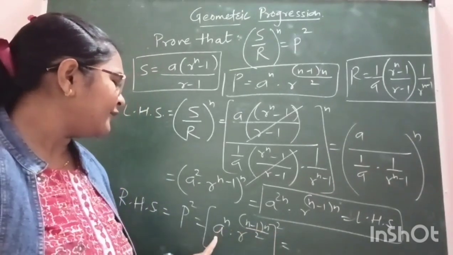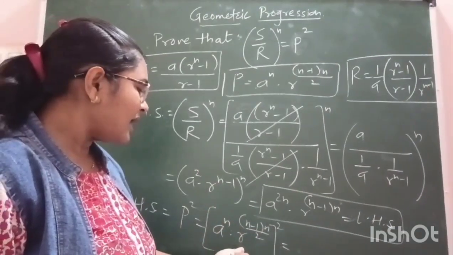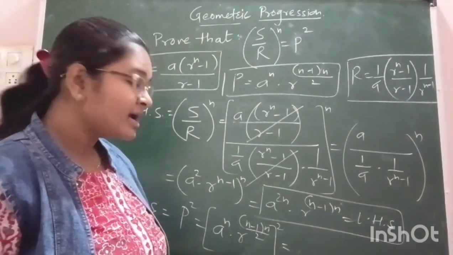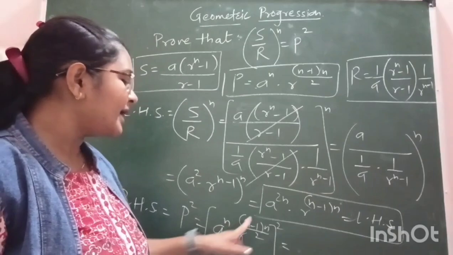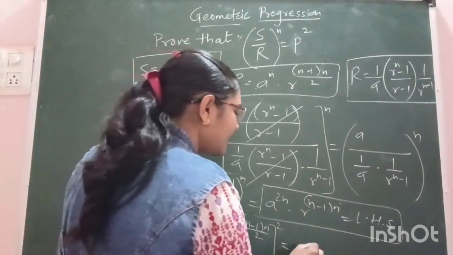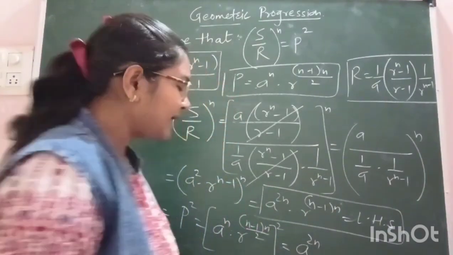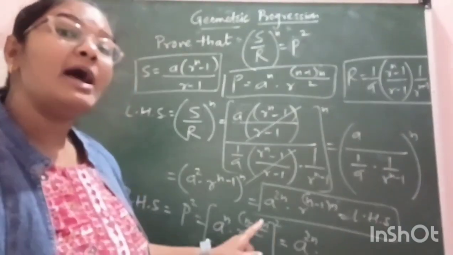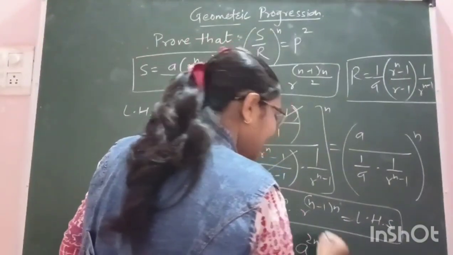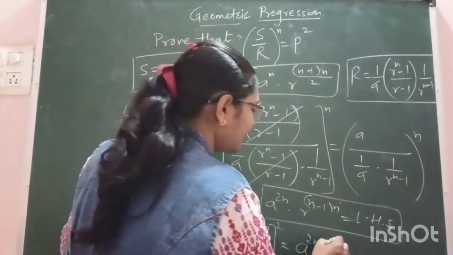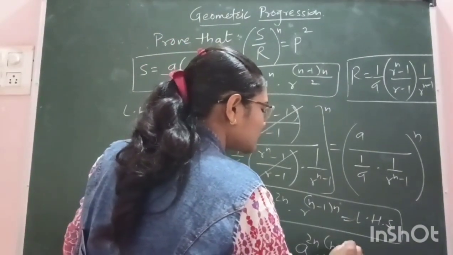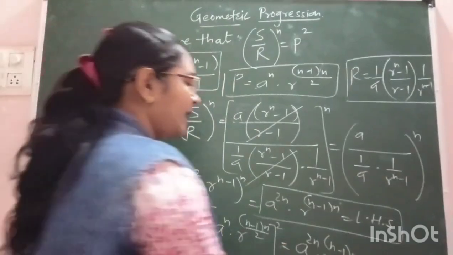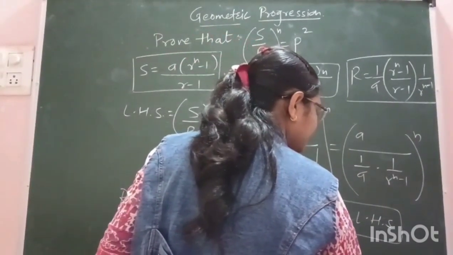A raised to n raised to 2 gives you simply a to the power 2n, and r to the power n minus 1 into n upon 2 and into 2. So it will get cancelled. So what we are getting? R to the power n minus 1 into n, and this is exactly equal to your LHS.